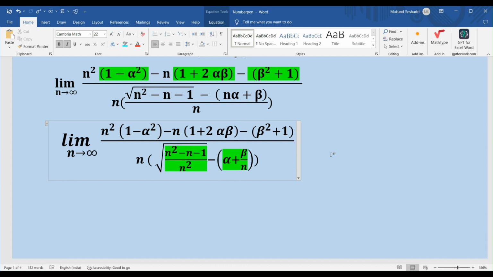What I've done is my n is nothing but square root of n square. So what I get in the first part of the denominator is square root of n square minus n minus 1, the whole divided by n square. And then the second part is n alpha plus beta, the whole divided by n, which becomes alpha plus beta by n, which is again highlighted in green.